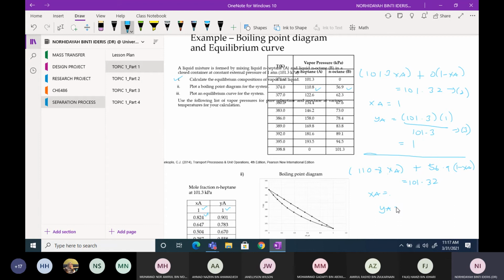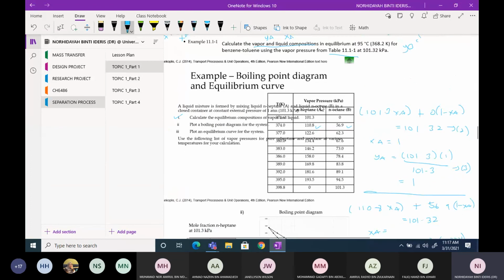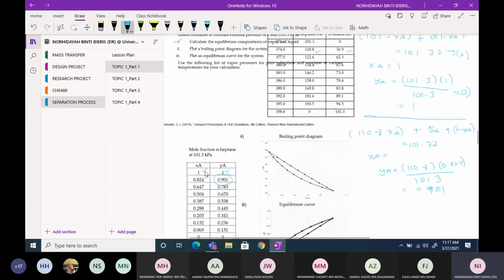YA here is 110.8 multiplied by the value of XA that you get, divided by the total pressure. Eventually your YA should be 0.901. So far, can you understand how we apply equation number 2 and number 3? If you finish calculating all this from the vapor pressure table, you can convert it into XA and YA.